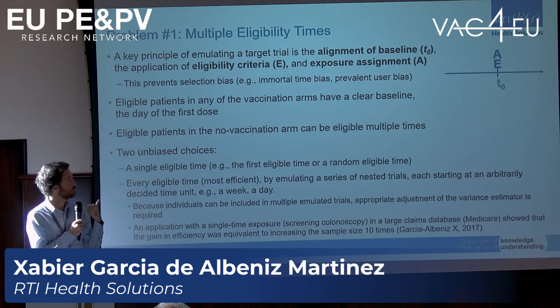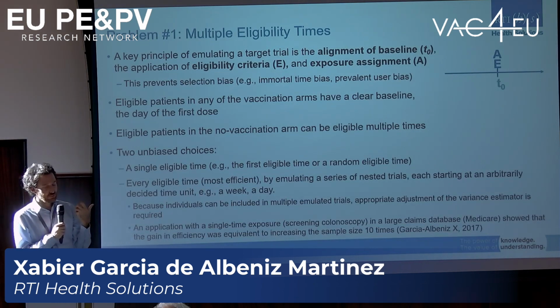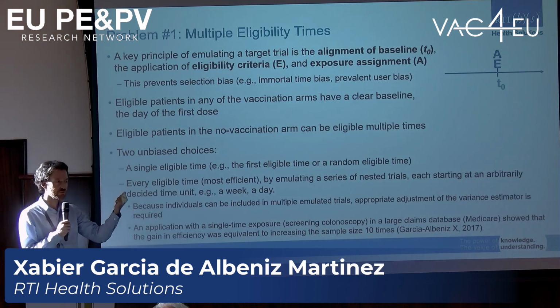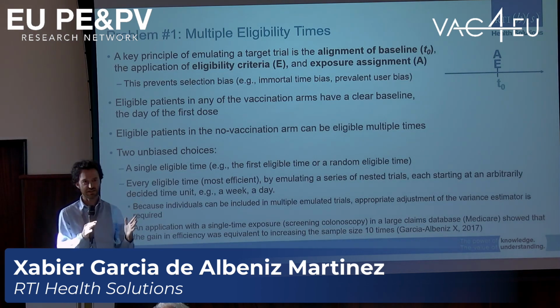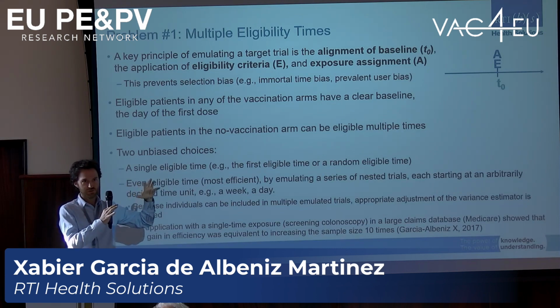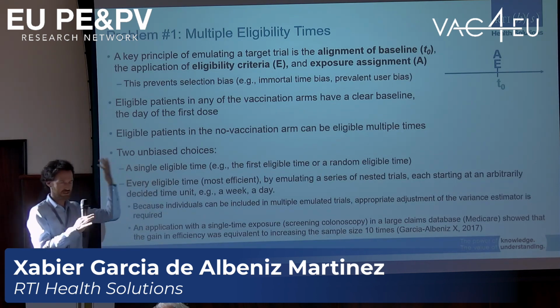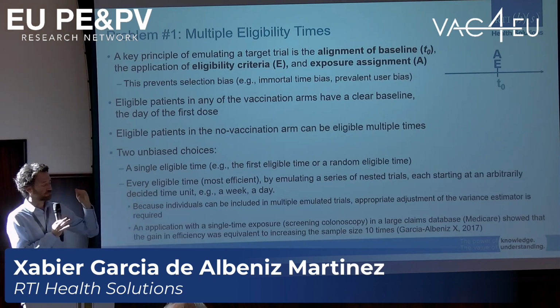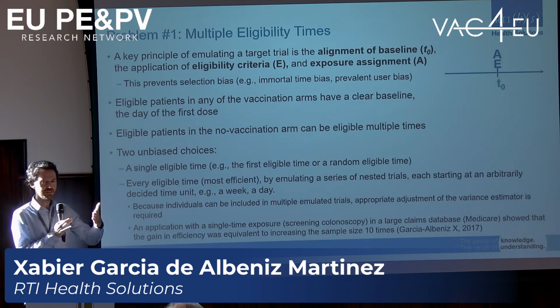The first problem is that there will be multiple eligible times. For those who receive a vaccine in my observational data set, we are now in the emulation phase. We already specified our target trial, now we have to emulate it. Those who receive a vaccine, the time zero is very clear for them.